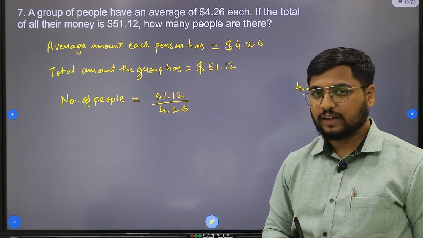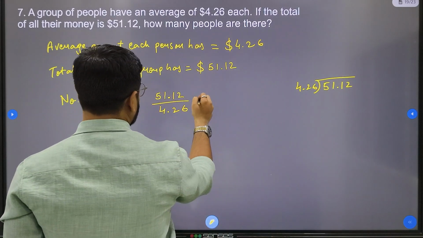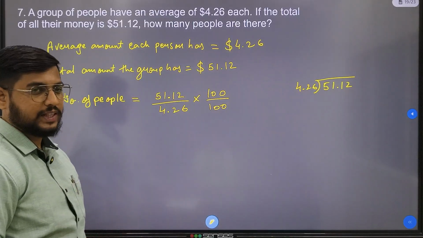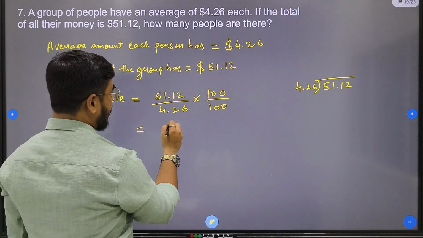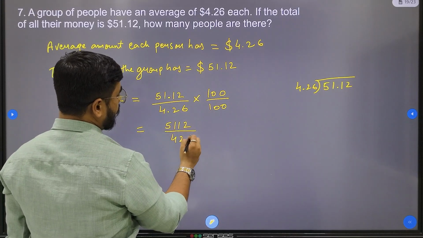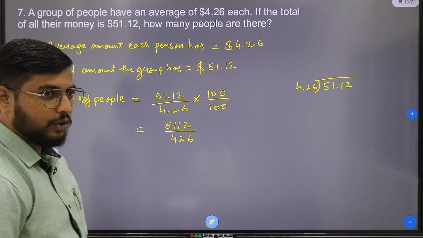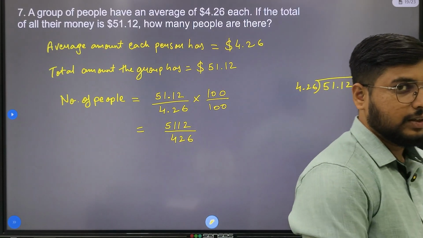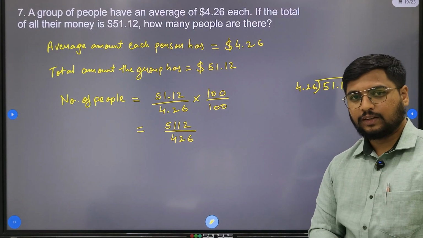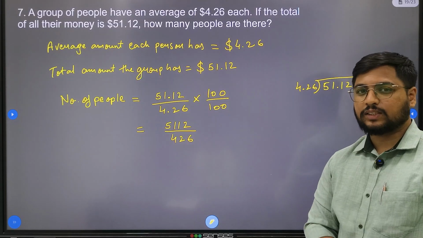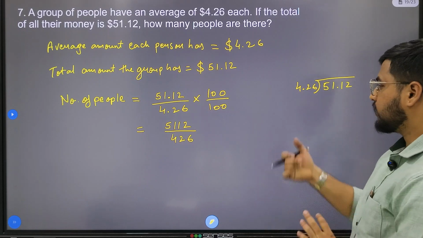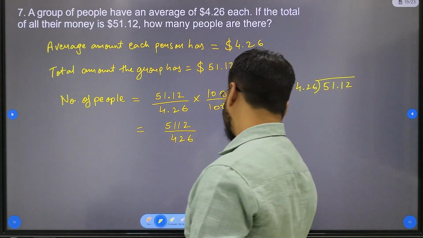So let's multiply with 100 in the numerator and in the denominator. We will have 5112 upon 426. There is no decimal now. Now we can divide both together to get the simplest form, then do the actual division by the traditional method.